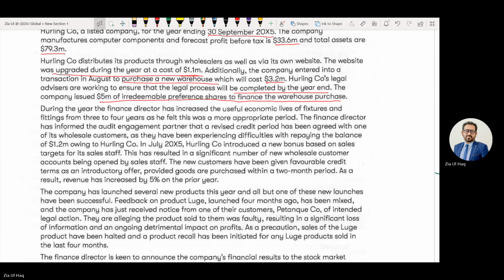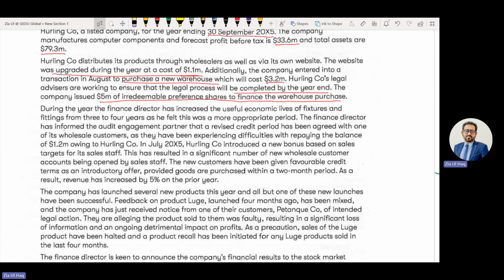Equity. So if the company has issued 5 million irredeemable preference shares, 5 million against total assets is a percentage of about 7%, and hence material. So there could be chances of misclassification of irredeemable preference shares to non-current liabilities instead of recording under equity.